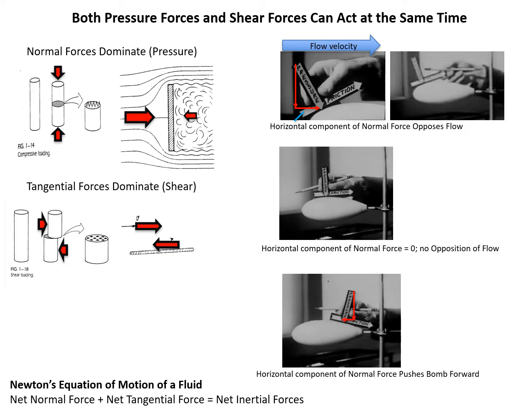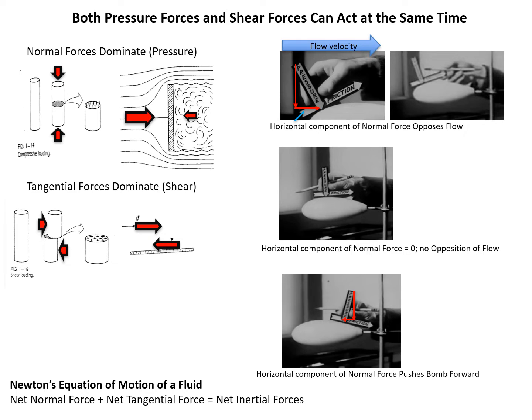The horizontal component, the part that is running parallel to the flow, is pushing against the bomb moving forward, right? That is opposing the flow. So that is slowing the bomb down, that component of the pressure.